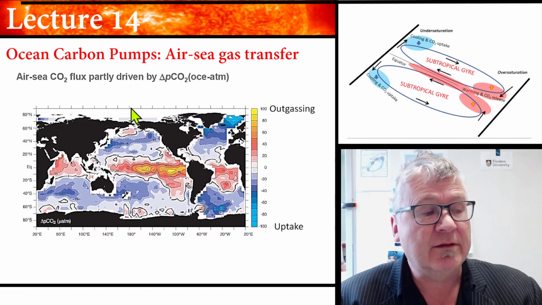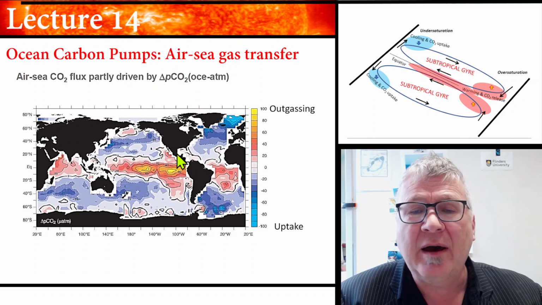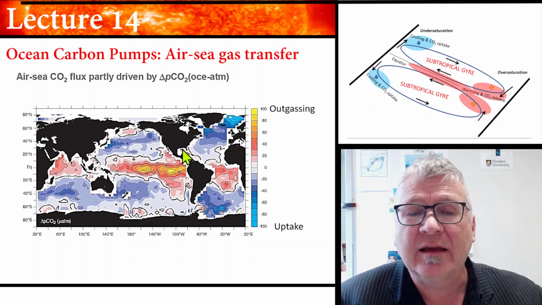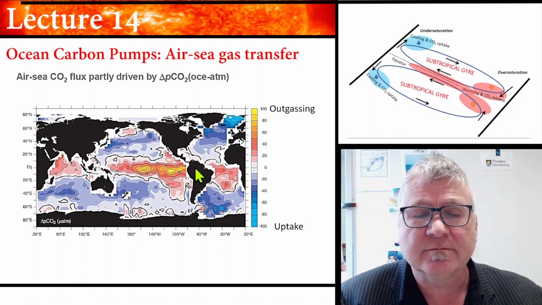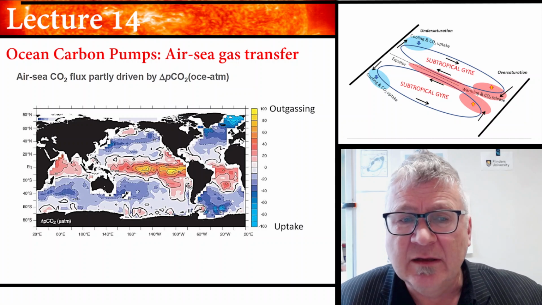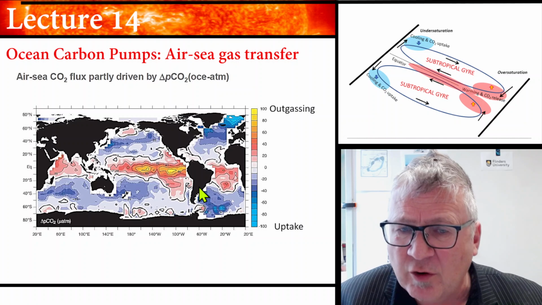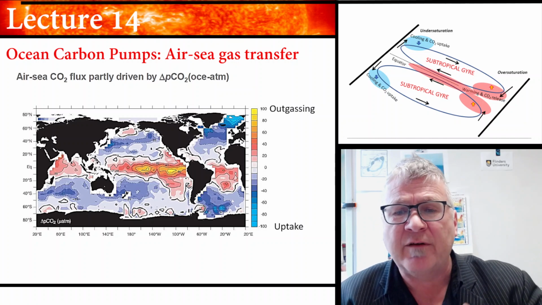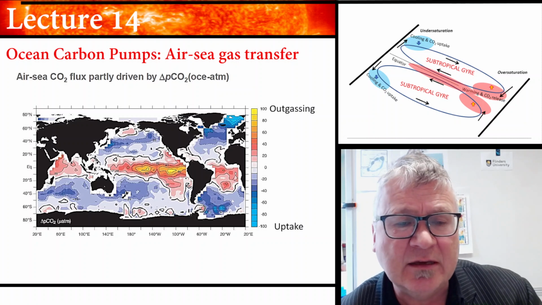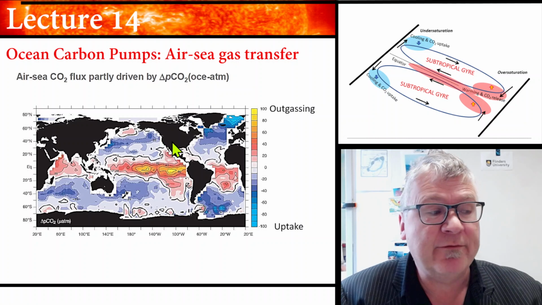This is shown here in this map, and you can see the red and yellow parts are regions where you have an outgassing. What's shown here is not the flux; it's only the difference, whether you have a positive or a negative number means you have outgassing or you have an uptake. It doesn't show you the magnitude. Anyway, you have regions where you have outgassing.